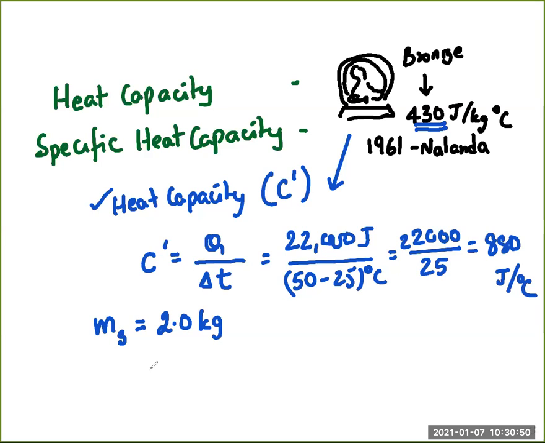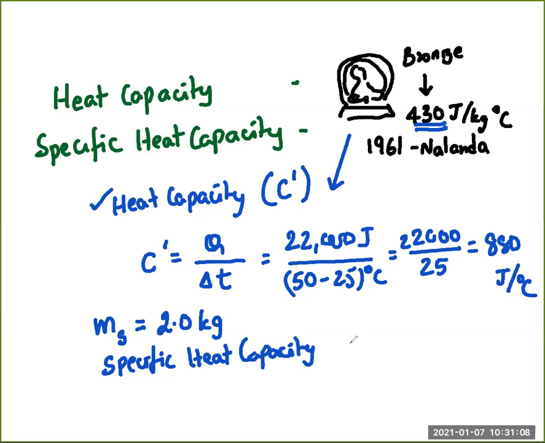Now we have to find out what is the specific heat capacity. The specific heat capacity is of course the amount of energy required to raise the temperature of 1 kilogram of that substance by 1 degree Celsius.